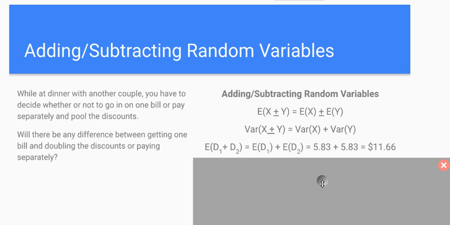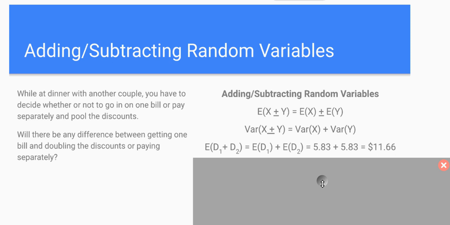So in this case, if we look at the real numbers, as we anticipated, the mean behaves like we think it's going to behave, and there really is no difference when it comes to the mean between doubling the discount and getting 1 check or keeping the discount as it is on separate checks. We get the same result for our new expected discount of $11.66.